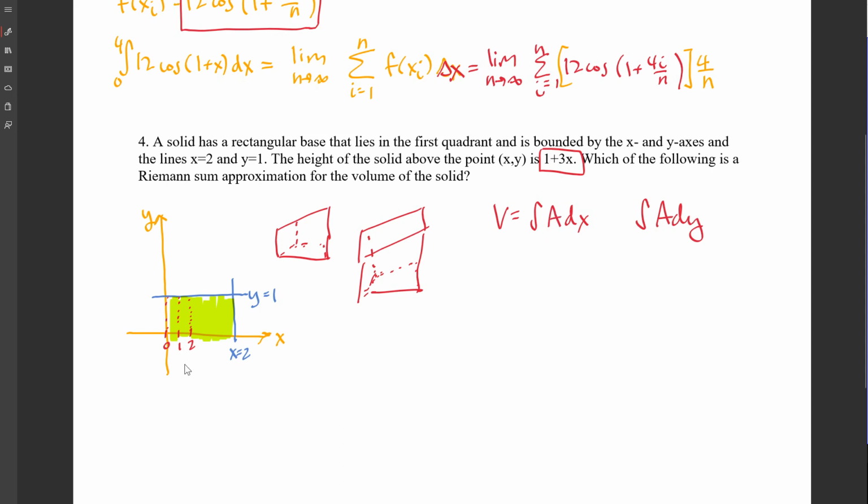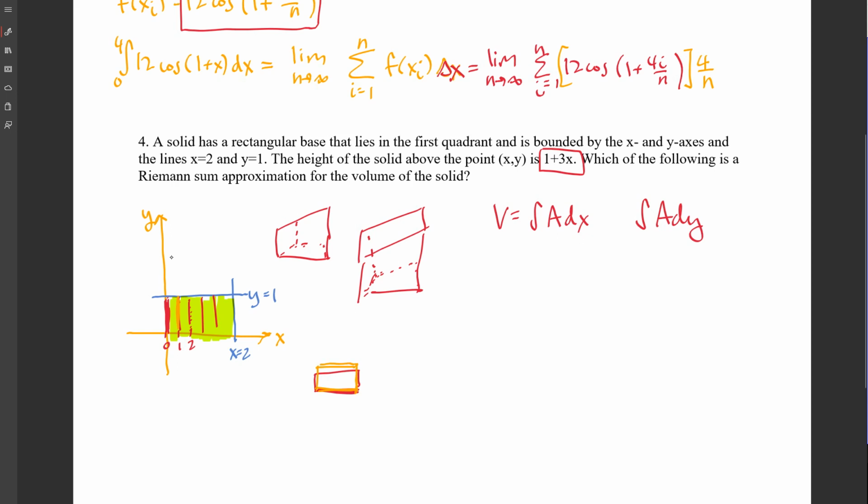All right, and so what we have to decide is, are we using x's or are we using y's? If I think about cross sections this way, do you see that each of them would be a rectangle? Like this one right here would be this rectangle right here. And then the next one, like this one right here, would be kind of the same rectangle, but a little taller, right?